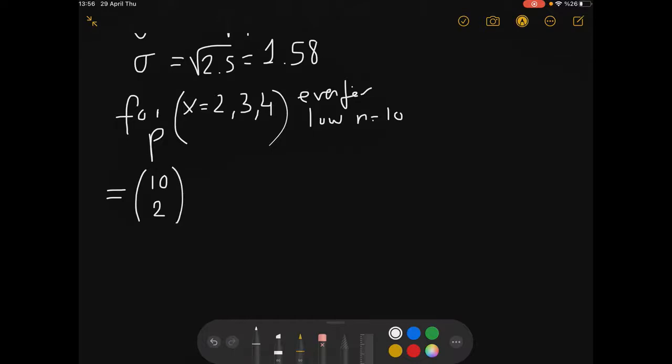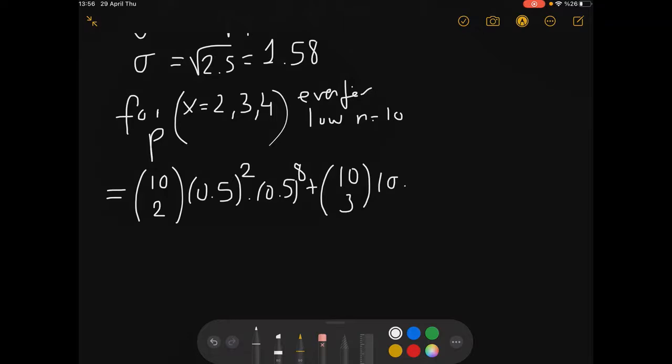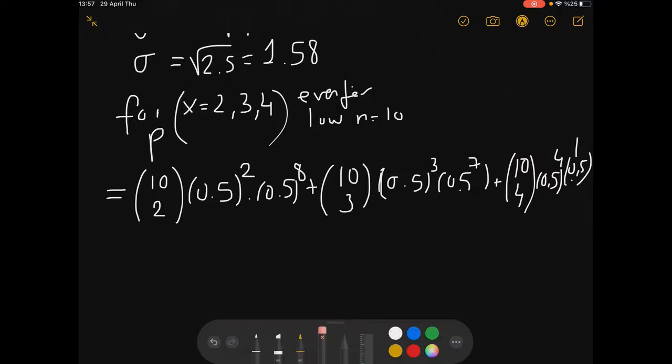This is for 2: 5 over 2 times 0.5 to the power 8, plus, these are your coefficients, or you are going to use the calculator, 0.7, plus again, and 0.5 over 4 times 0.5 over 6, right?